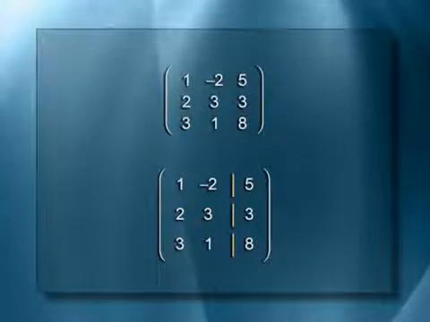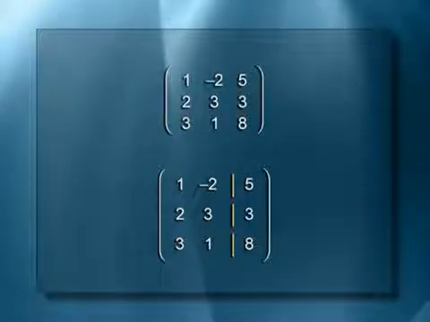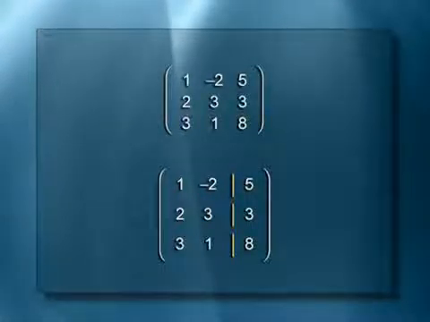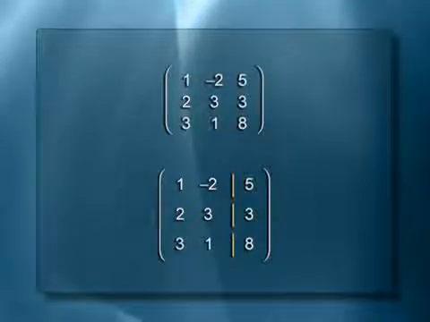In that previous problem, the right-hand side was 5, 3, and 8 in each equation. Sometimes a vertical line lets you see clearly which part is the coefficients and which part is the right-hand side, the constant terms. It's not necessary to do that, but a lot of books prefer to do that.